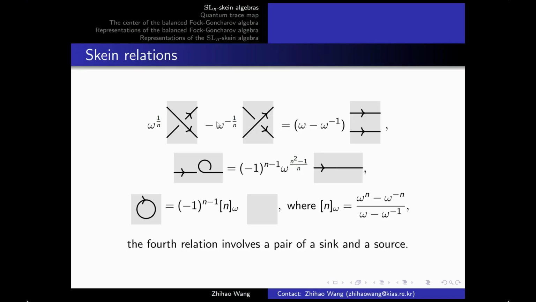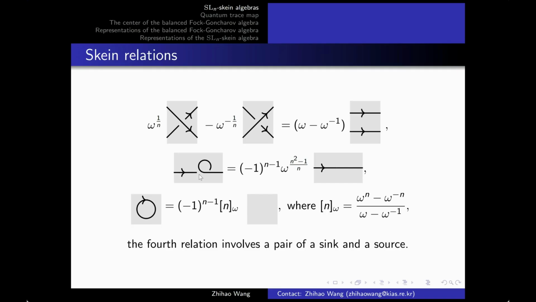The difference is just inside this gray square. For example, the second one, the crossing. This is because we are now using the framing. The framing means it is not a line, it is a thickening of this line. You can regard this line as a band.